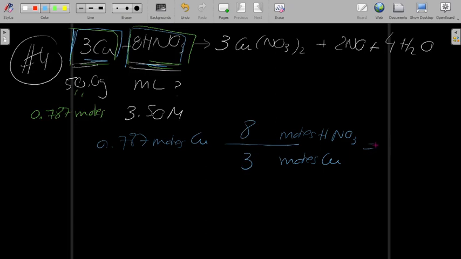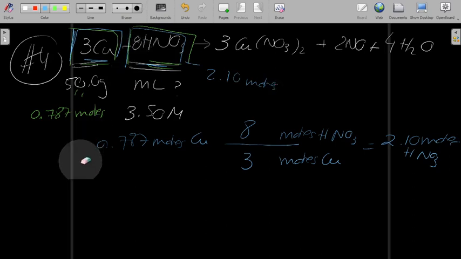If I do the math, I find that I'm going to need 2.10 moles of that acid to react with the copper that was given to me. Great. So I know that this is 2.10 moles.